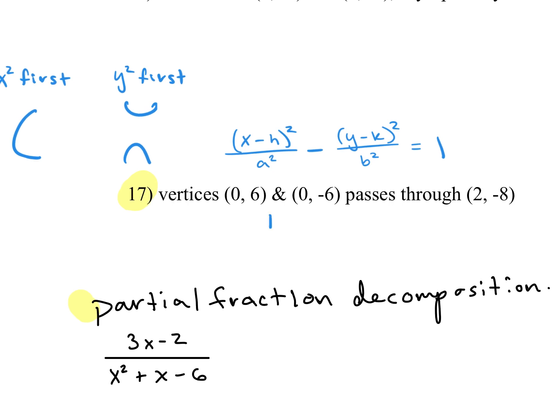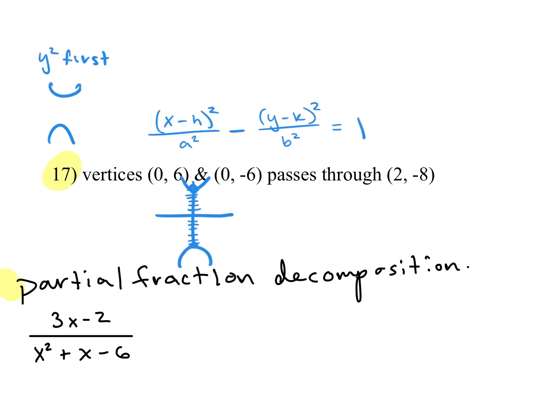So for 17, let's graph what we have. Our vertices are at 0, 6. So stay at 0, go up 6. And 0, negative 6. So our vertices are going to open up and down. So what comes first, x or y?